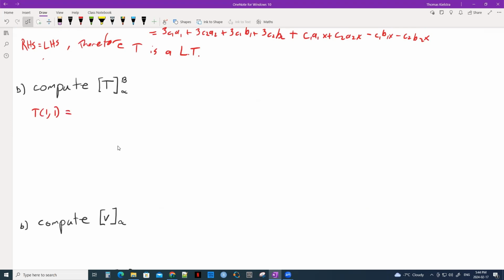Well, this is going to equal 3 times 1 plus 1, plus 1 minus 1 times x, which equals 6.